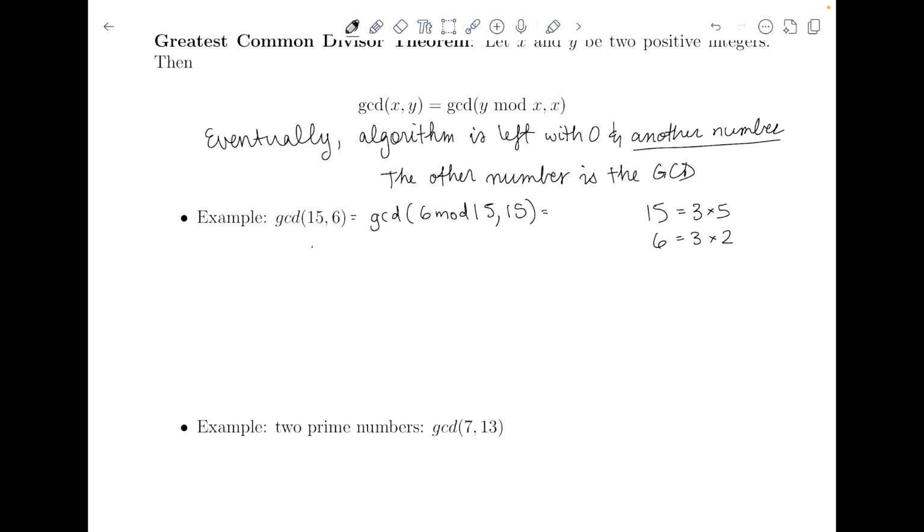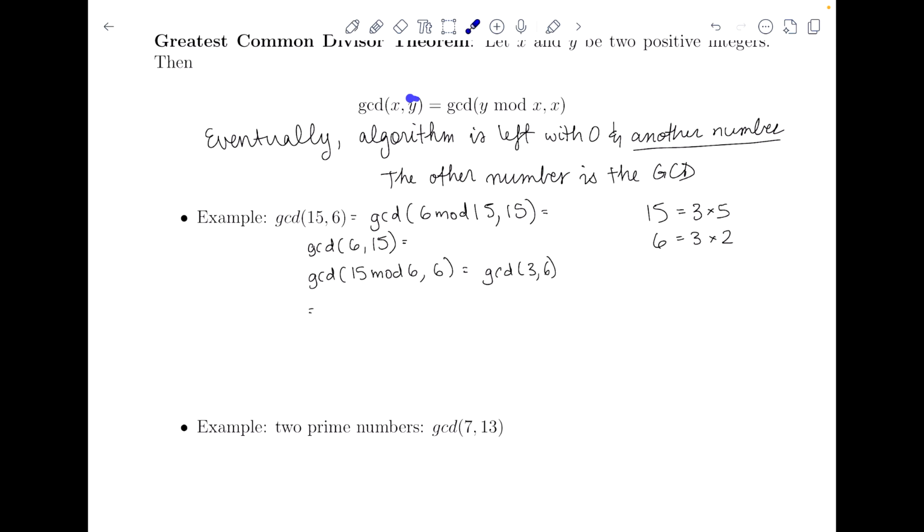But that's going to get me GCD of 6 and 15. And that's just to get the order right. Then next I'm going to do GCD of 15 mod 6 and 6, which is going to be GCD of 3 and 6.